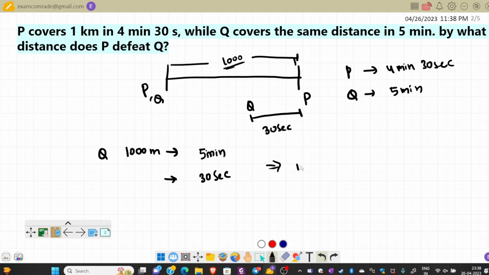So he will cover 100 meters in 30 seconds. So this 30 seconds can be translated as 100 meters. So P beats Q by 100 meters. Okay, let's go to the next question.